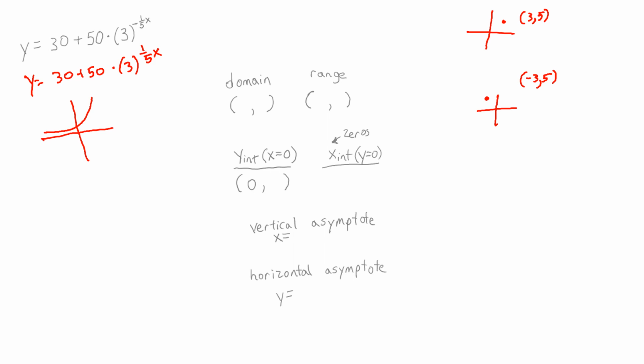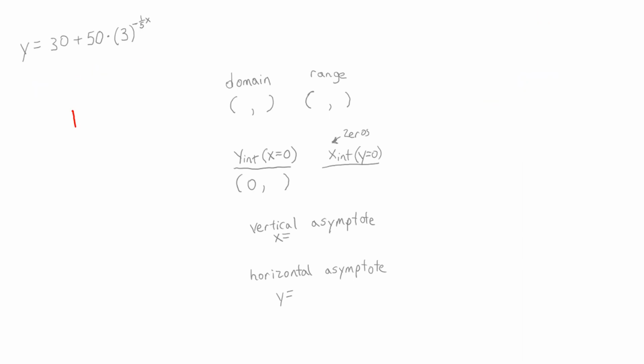So whenever we go from a positive x to a negative x, what happens is that we flip, or we reflect, across the y-axis. So if we took that same graph, the original graph we just had, and we flipped it across the y-axis, what would happen?